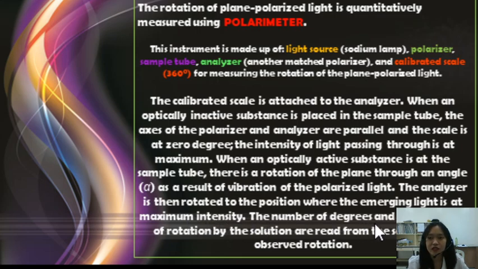So, the number of degrees and the direction of rotation by the solution are read from the scale as the observed rotation. So, kapag optically active, mag-rotate ang plane of the light. Magkakaroon ng rotation din sa iyong calibrated scale, and the degree of rotation is what the calibrated scale measures.